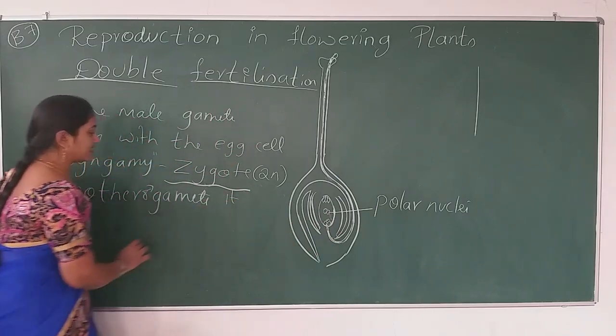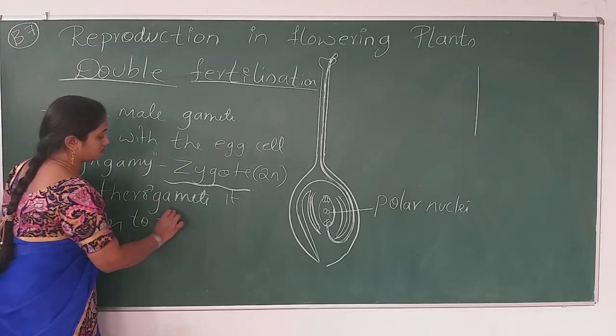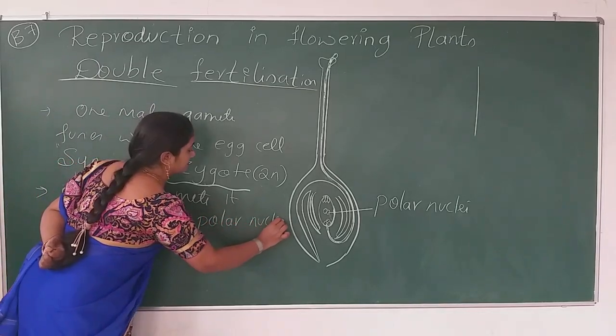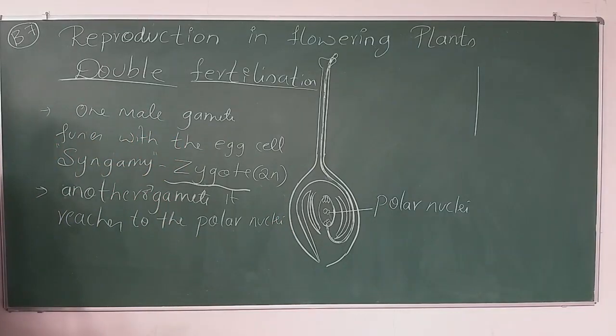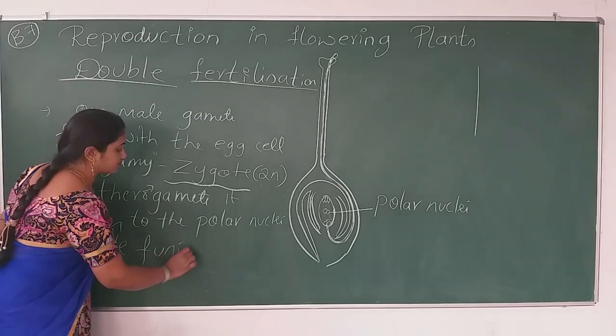When the second male gamete reaches the polar nuclei, fusion takes place. That fusion is known as triple fusion. Why triple fusion?